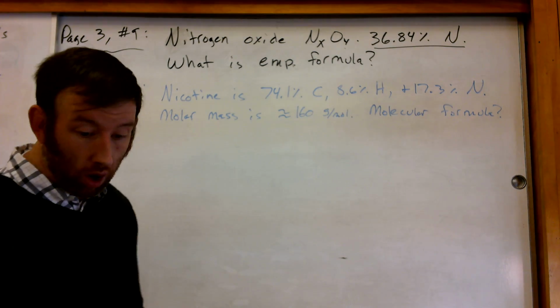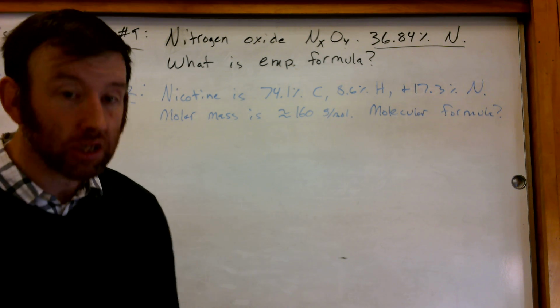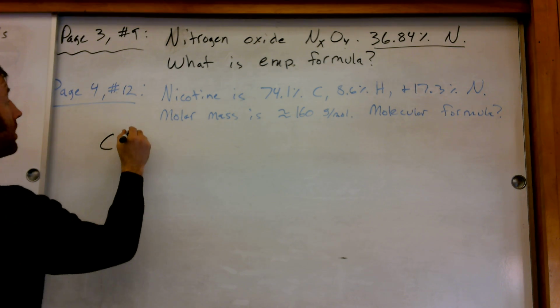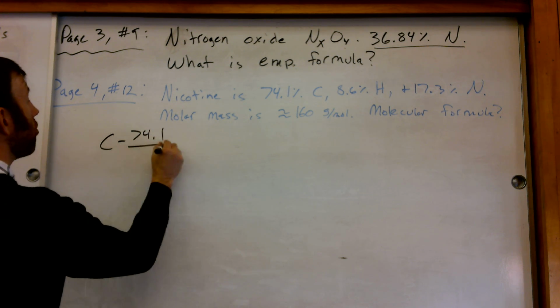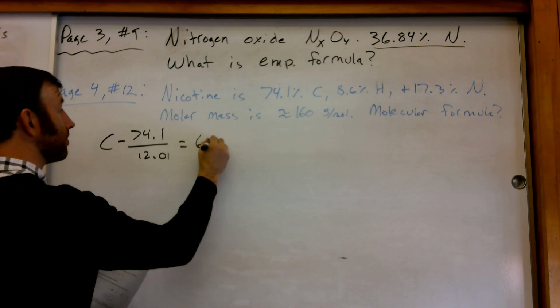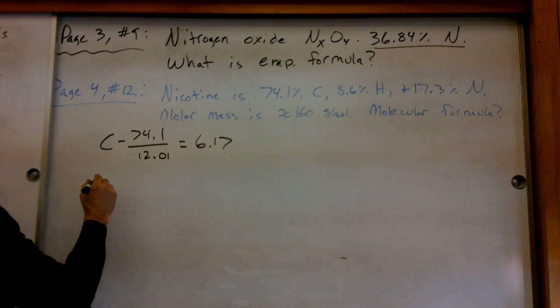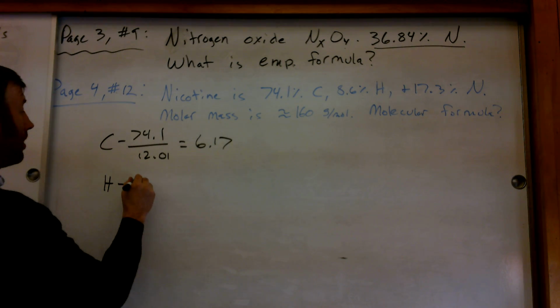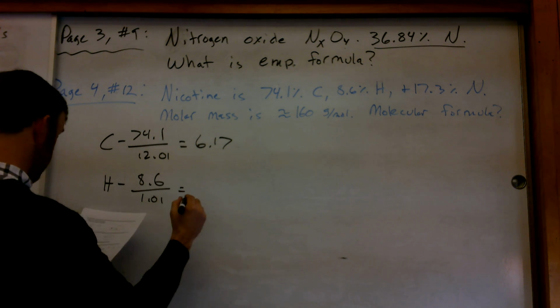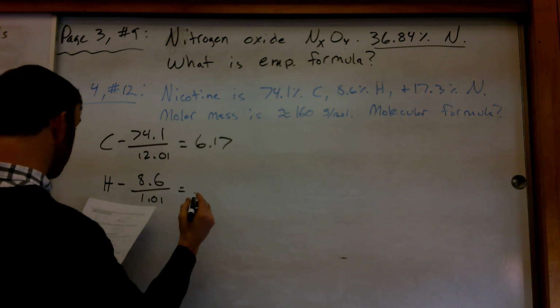First step here, I have carbon, hydrogen, and nitrogen. So I'm going to find carbon, which would be 74.1 over 12.01, and that gives me 6.17. Next, hydrogen is 8.6 over 1.01, and that gives me 8.51.